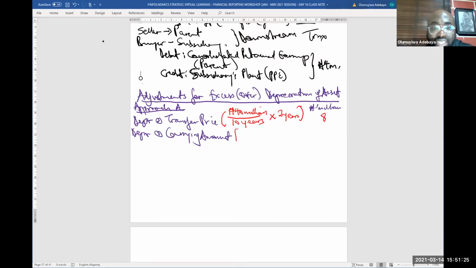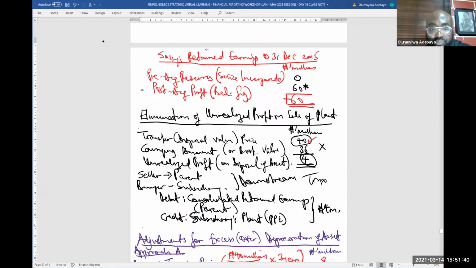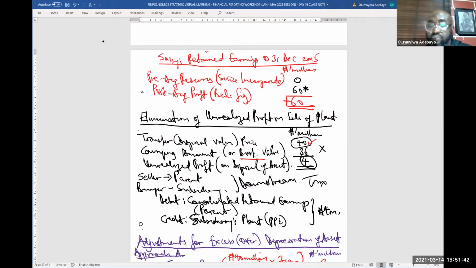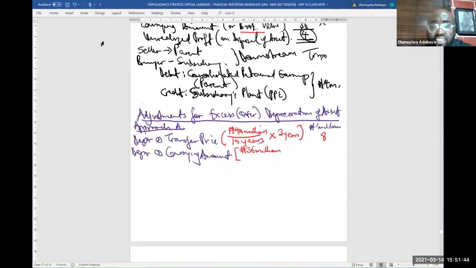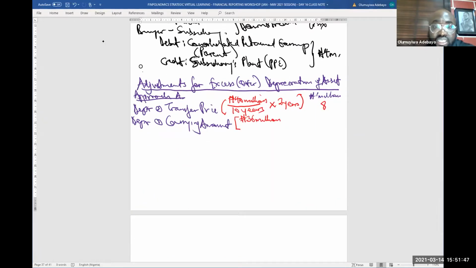But what we are saying is that if you know that you are truly a member of a group, as a group, you shouldn't have transferred above 36 million, which was the book value. And if you have done it at 36 million, and the same 10 years is required, it means your depreciation will have been 3.6 million per year, not 4 million.